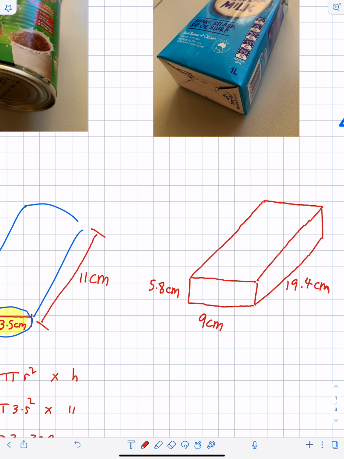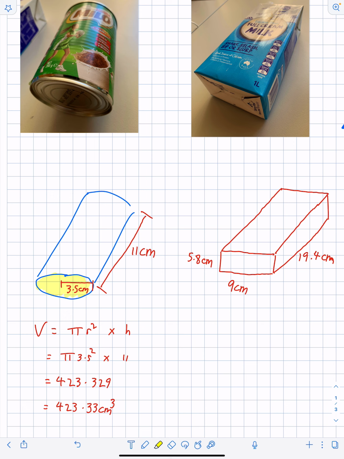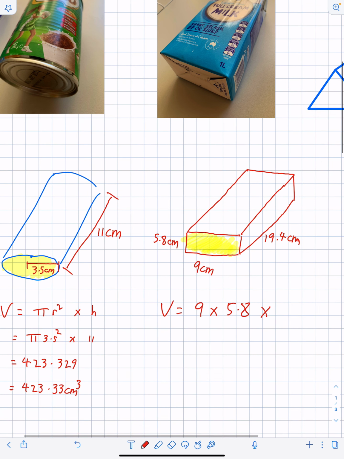Okay, and what we want to do, similarly to the circular prism, is find the area of that base and then times it by the height. So the area of the base will be 9 times 5.8. And then we're going to times that by the height, which is 19.4.